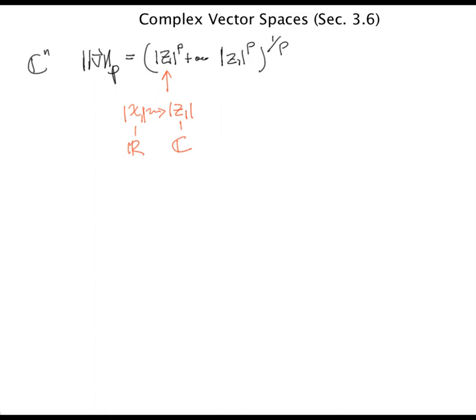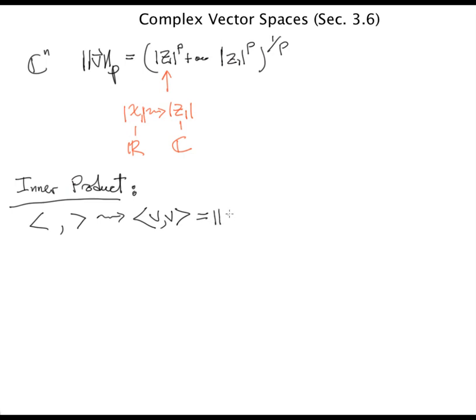Okay. Now, what about inner products? We're sort of working backwards here a little bit. Whatever an inner product is, I haven't decided yet, we'd like that when you take the inner product of v with v, what you get is the norm of v squared. Well, let's do it in Cn with the usual norm.